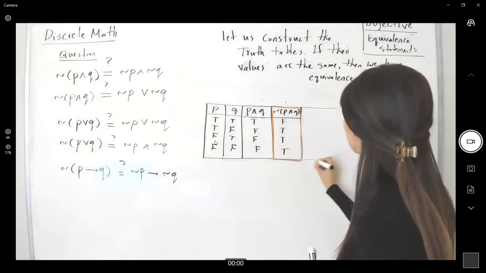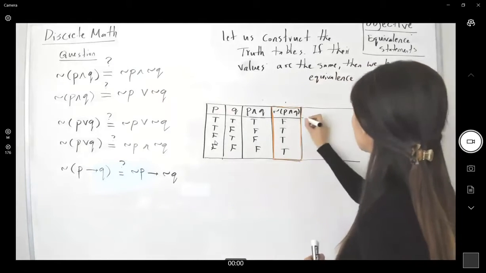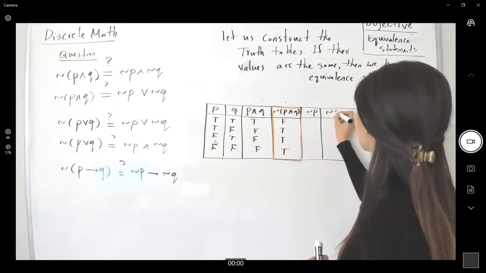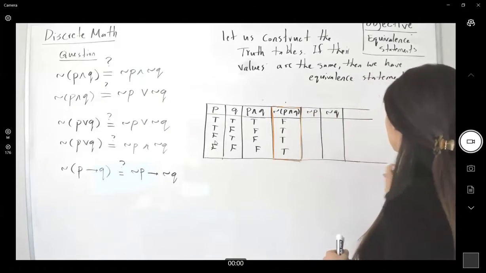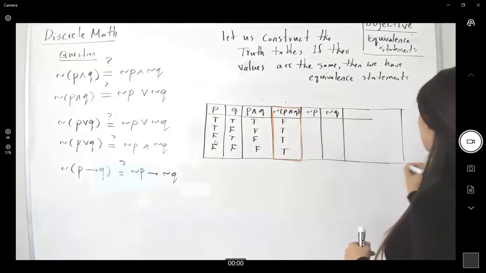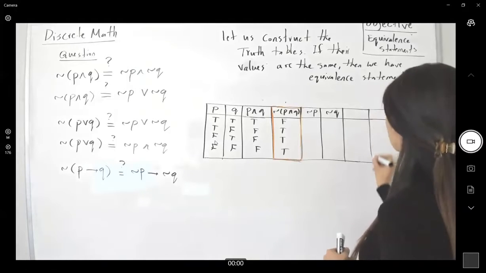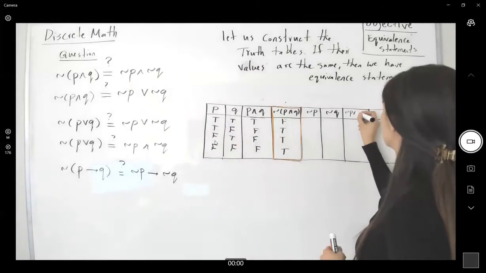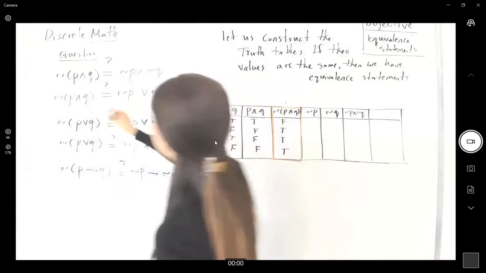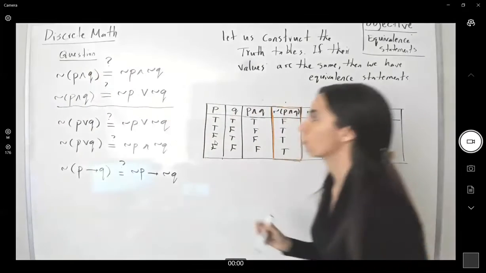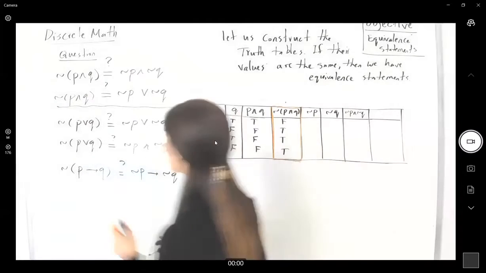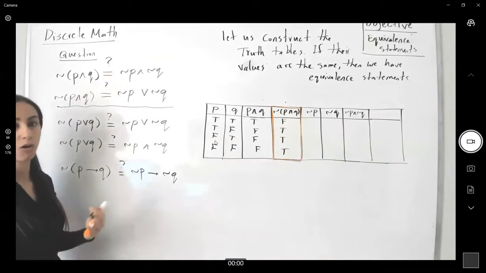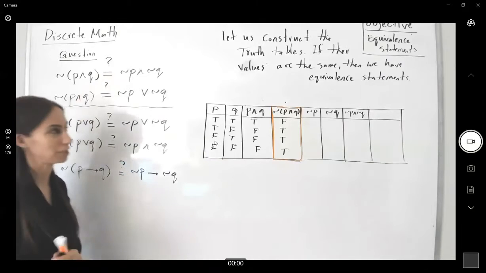So let's see. I have not P, then I have not Q. Then not P and not Q. And the other one that I'm focusing on is not P or not Q. I want to know if I distribute the negation over and, which one of these is actually the equivalent statement.